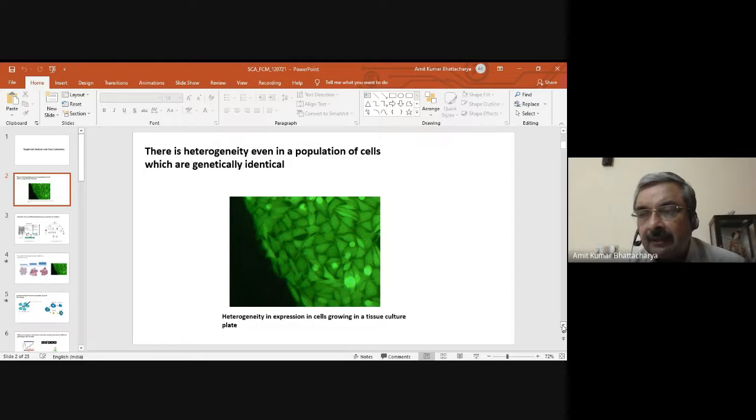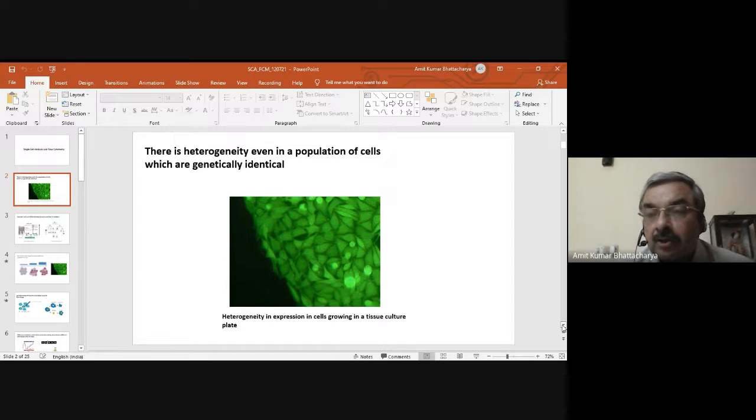You grow from one single cell a full flask of cells. All these cells can be assumed to be clonal because they started from one. By clonal, we mean that they are genetically identical.